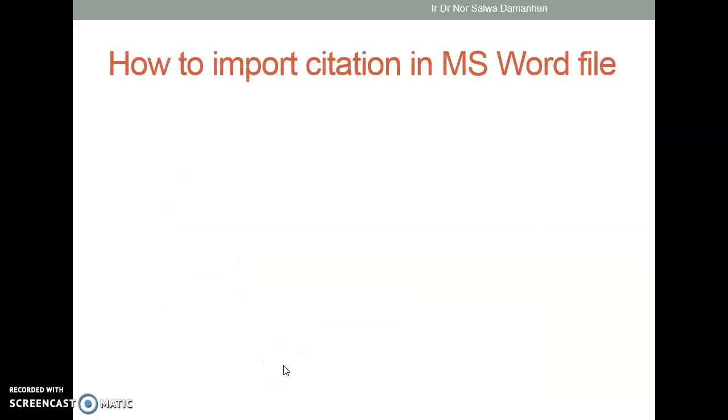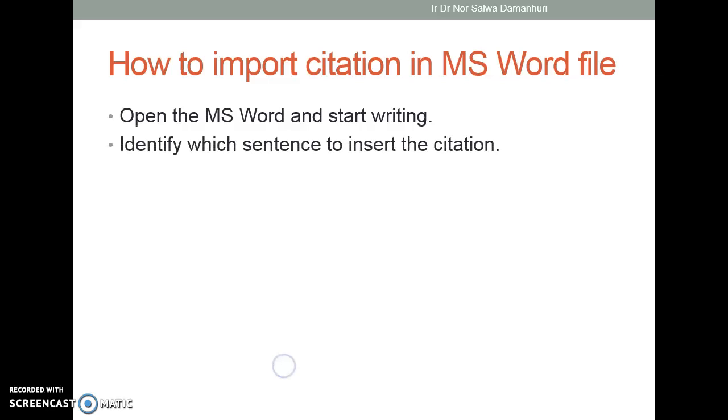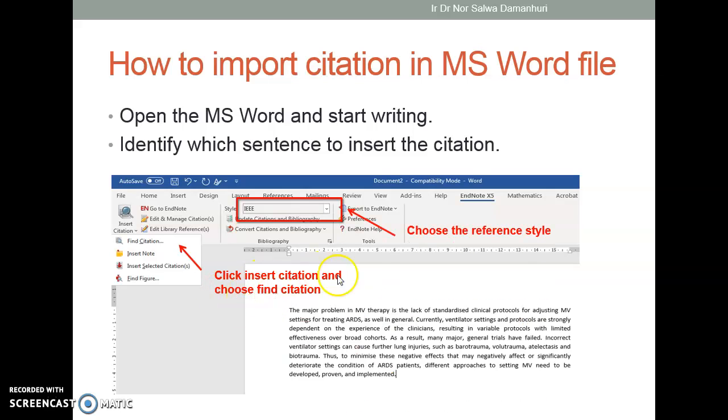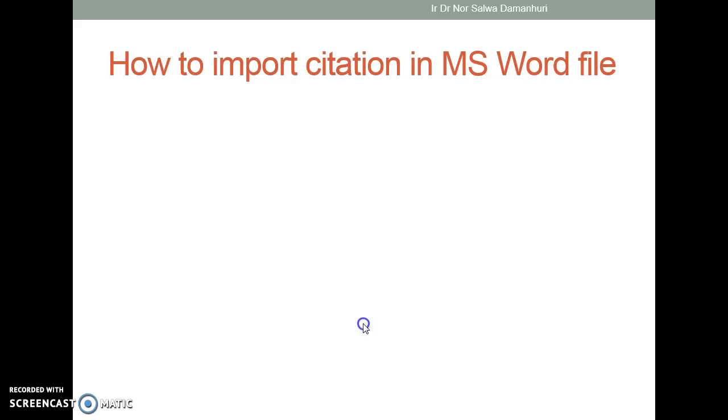And then, how to insert citations in a Microsoft Word file. Open Microsoft Word and start writing. Identify which sentence to insert the citation in. Once you open Microsoft Word, this is your EndNote tab. Click Insert Citation and choose Find Citation. Then choose the reference style. For example, if you want IEEE, click IEEE.